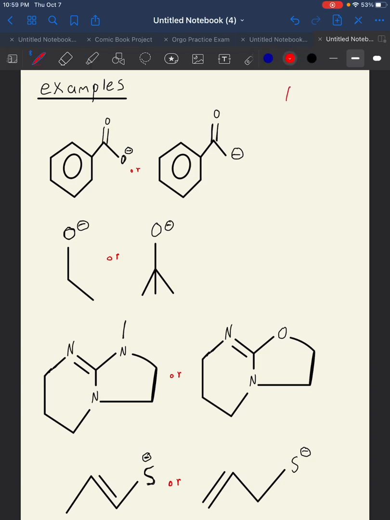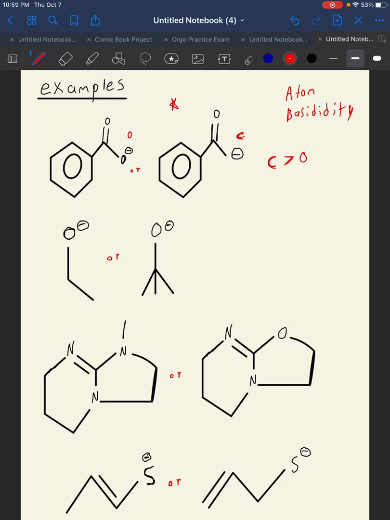So you can think of this 2 ways. We can look at the atom itself, or we can look at basicity. And I spelled basicity wrong, but once again, this is organic chemistry, not spelling. So let's look at atom first. This is carbon, and this is oxygen. And we know that carbon is a better nucleophile than oxygen.